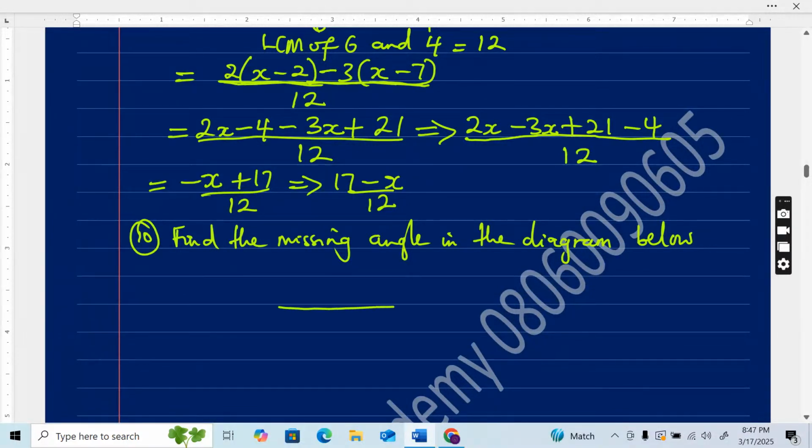So we have this and a line on it whereby we have the letter Y right here and 118 degrees on the left. So we have to find the value of Y. What is the value of Y?